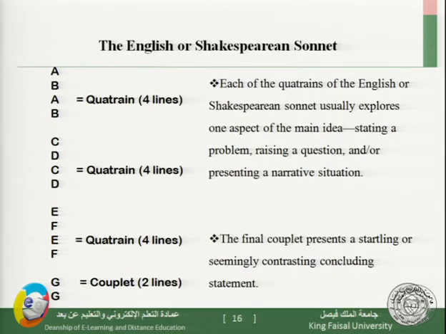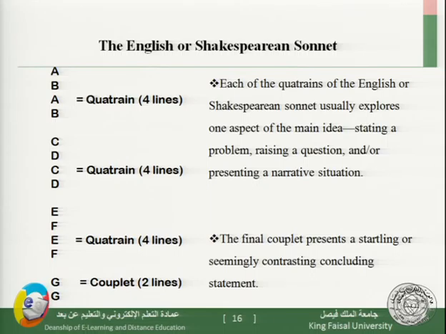The English Shakespearean sonnet is slightly different. It doesn't divide into 2 parts, it divides into 4 parts. It doesn't have 8 lines and 6 lines, it has 4 and 4 and 4, which means 12, and then it concludes with 2 lines, which means 14.